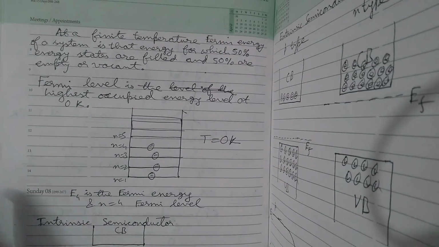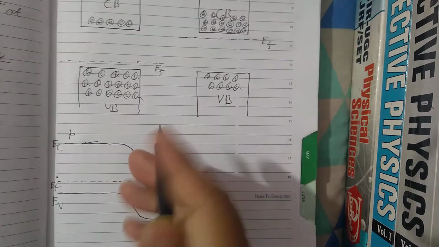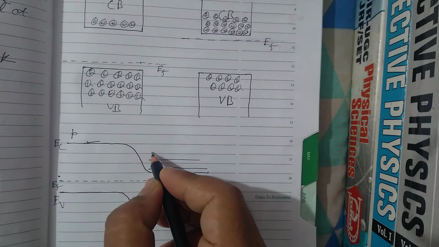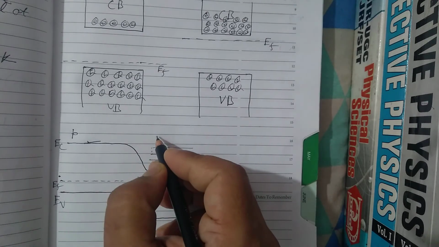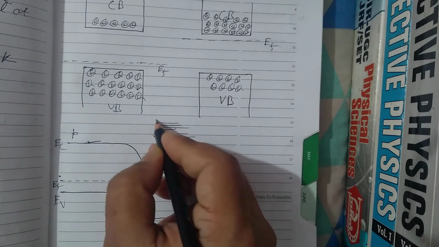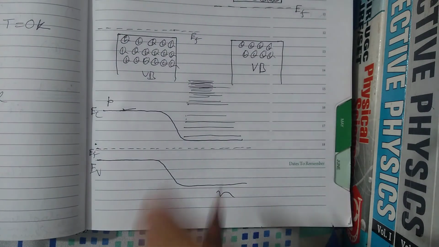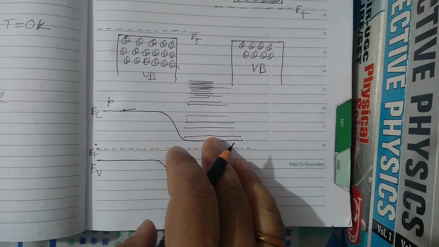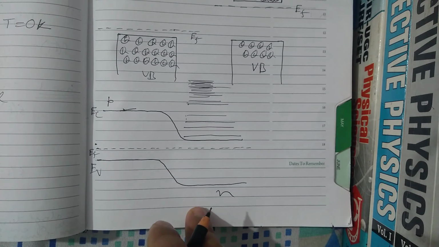Similarly here also that thing happens. At these levels, the density of the energy levels is less. Here they are very densely spaced. But near the Fermi level, the population of the electrons or the holes is also more.